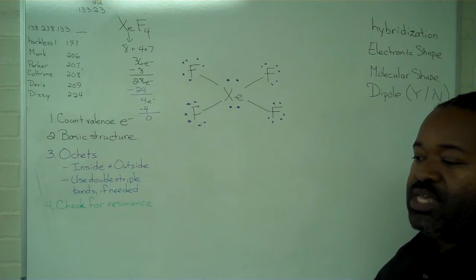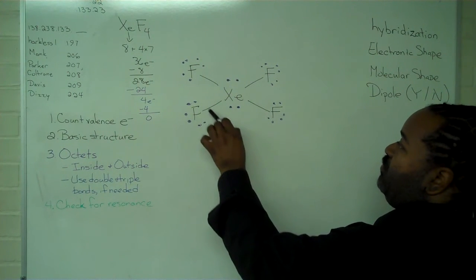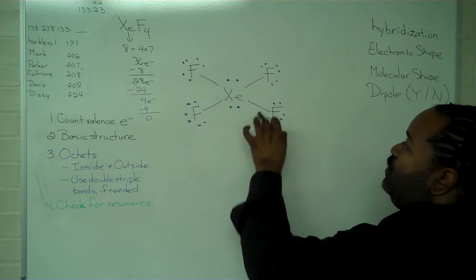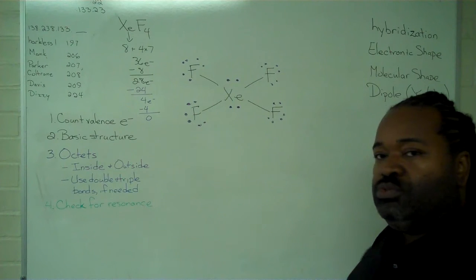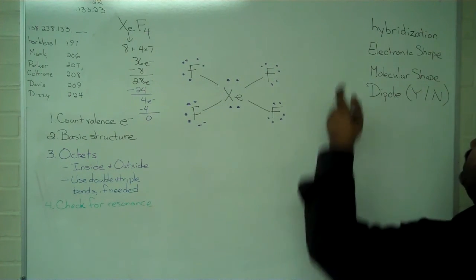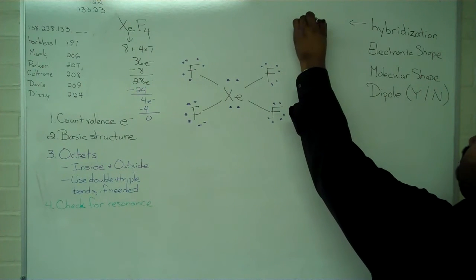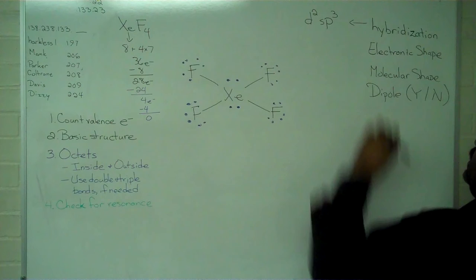And now I want to count up the groups of electrons around my central atom. I have 1, 2, 3, 4 picked up from the bonds, and 5 and 6 are my 2 non-bonding pairs. So because I have a count of 6, my hybridization then is going to be d2sp3.